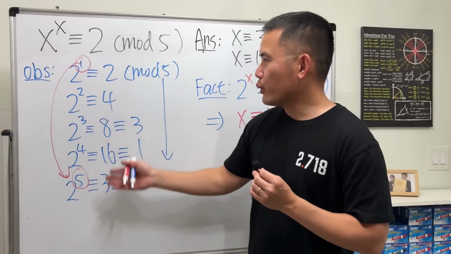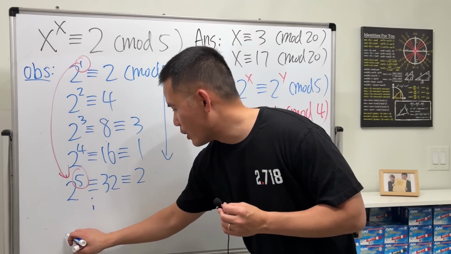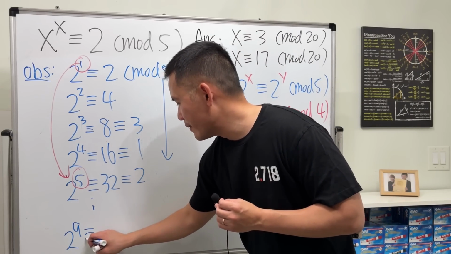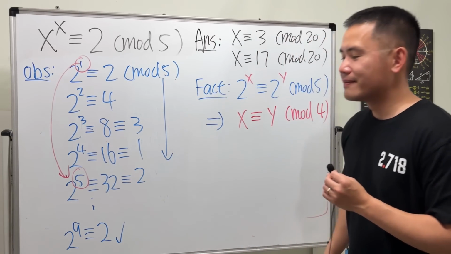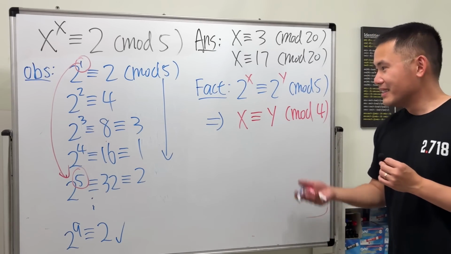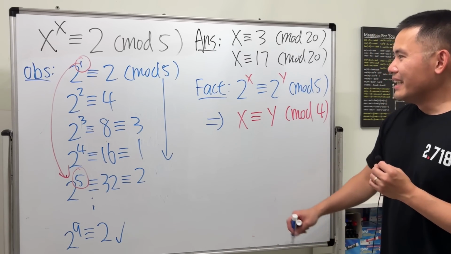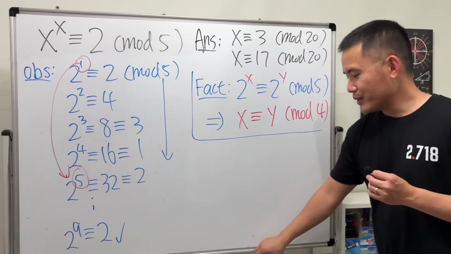So the next one, if you want to get the 2 back, you have to go to 2 to the 9th power, and you will get 2 back, and so on. That's pretty cool, huh? In fact, I will show you the more general form.